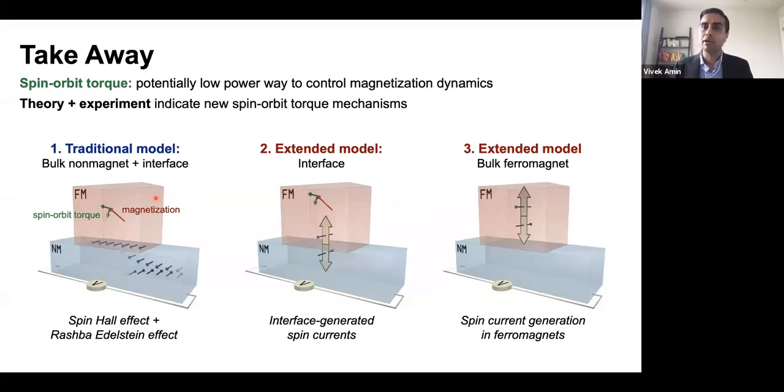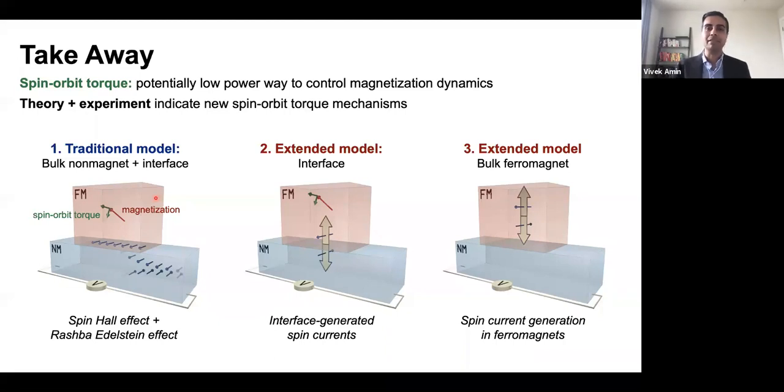This control occurs via several mechanisms that involve spin-orbit coupling, and that's what a spin-orbit torque is. What I'm going to talk to you about today is theoretical and experimental work that indicate that there are potentially new spin-orbit torque mechanisms that we need to consider when we're analyzing our experiments.